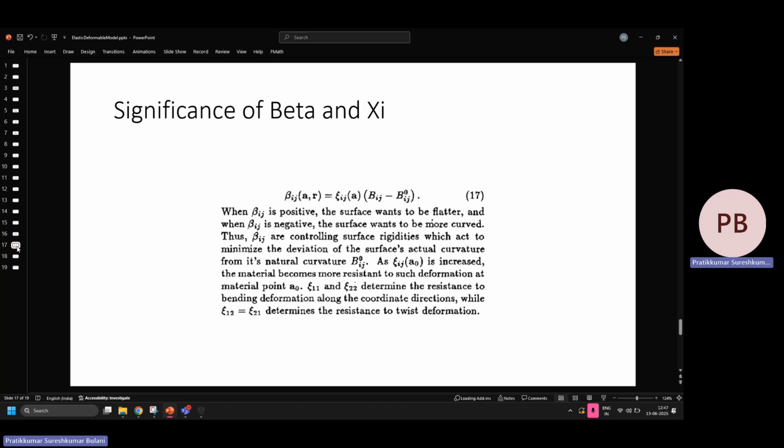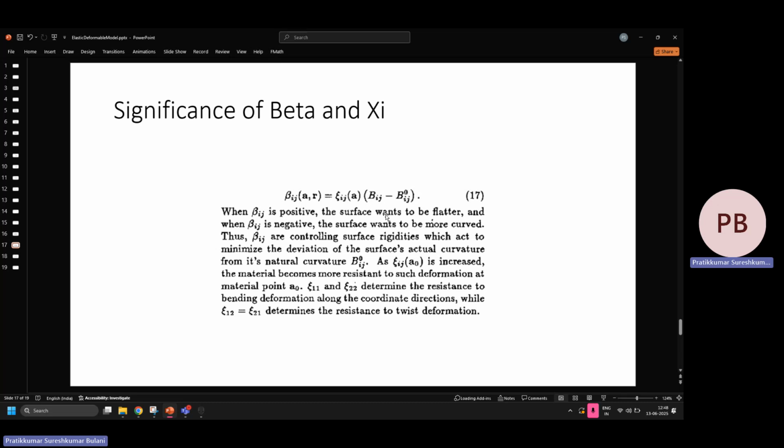Okay. Again, you can go through the significance of beta and she. Beta, I'll quickly tell you. If you remember, when I talked about the curvature, if the curvature is high, it means it's more curved. If it's a straight line, then bij is 0.